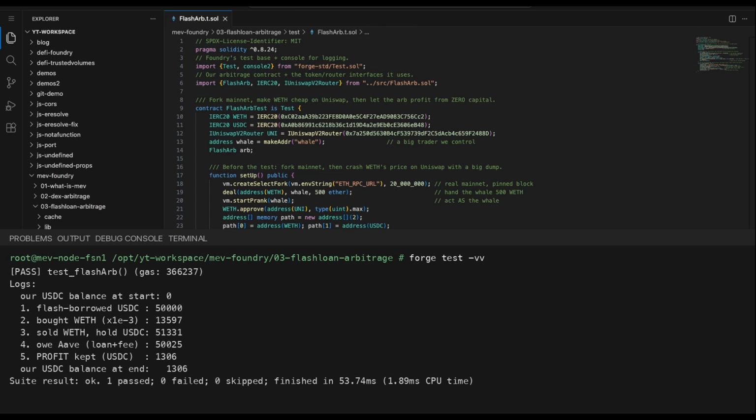Step 3, we sell that WETH on Sushi and come back holding 51,300 USDC, more than we started with. Step 4, we owe Aave the 50,000 back plus a $25 fee. And step 5, once that's repaid, $1,306 are left over. That's the profit, and our end balance confirms it, 1,306 from a start of exactly 0, all in one transaction against the real mainnet pools.